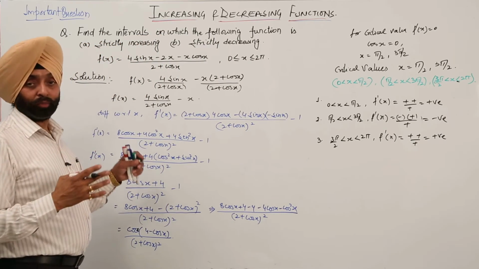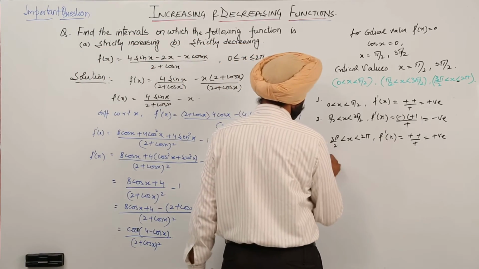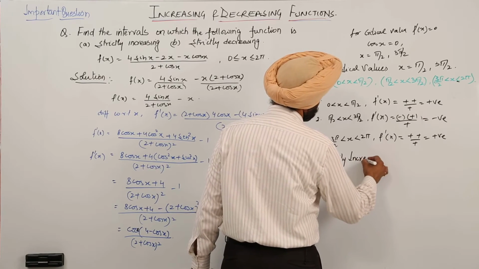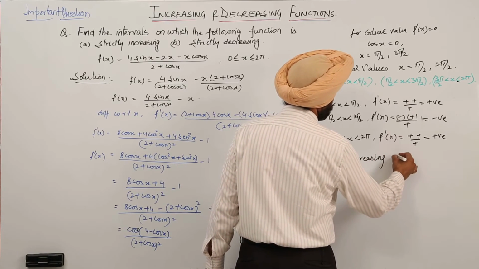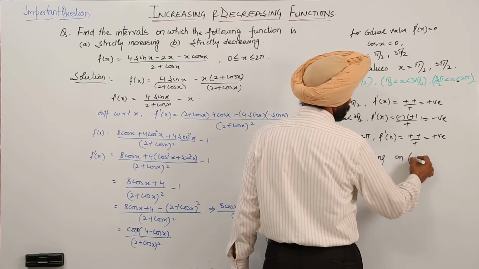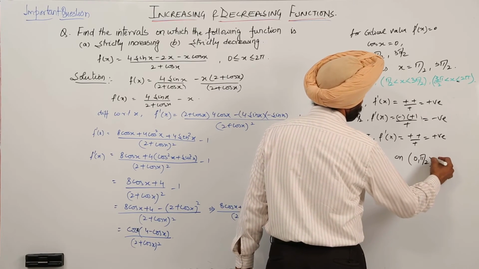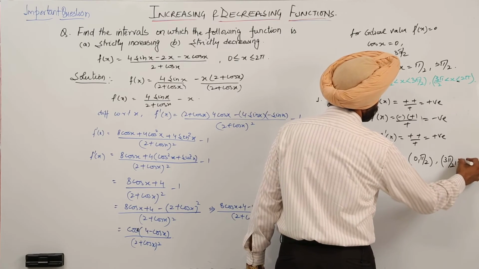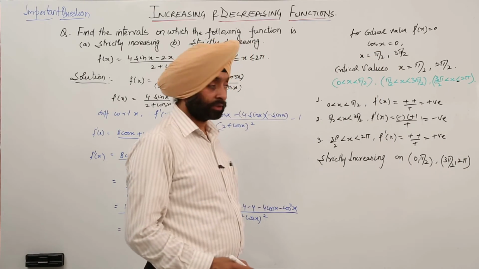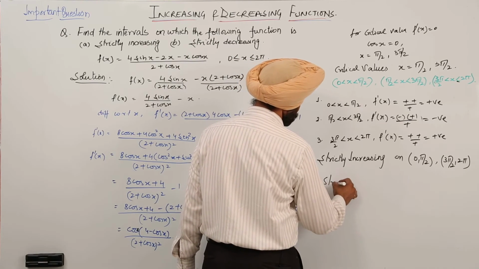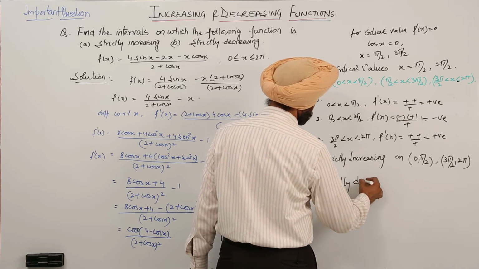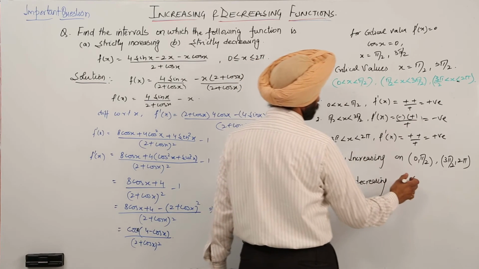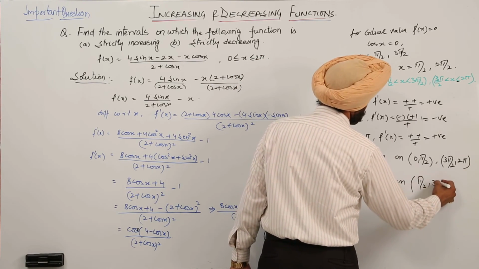So with the help of these symbols, f is strictly increasing on 0 to pi by 2 and 3 pi by 2 to 2 pi, and strictly decreasing on the negative part, pi by 2 to 3 pi by 2.